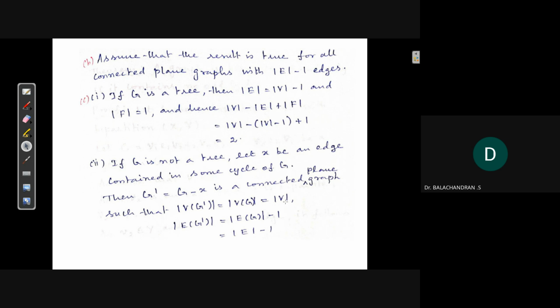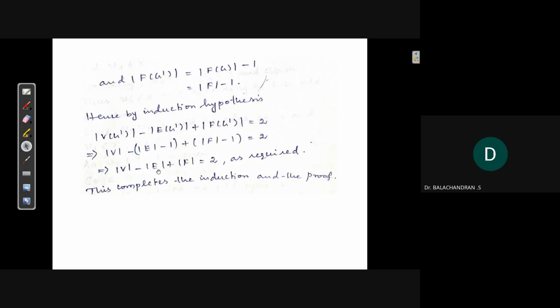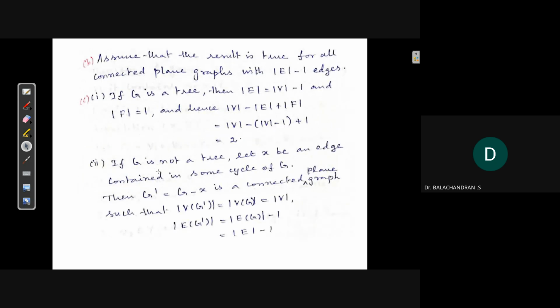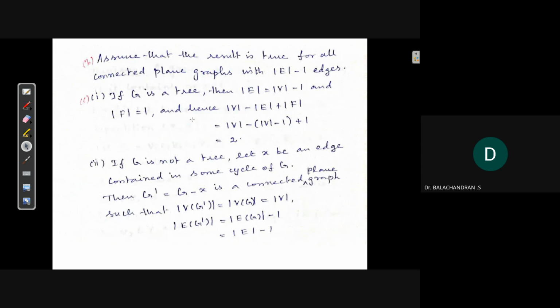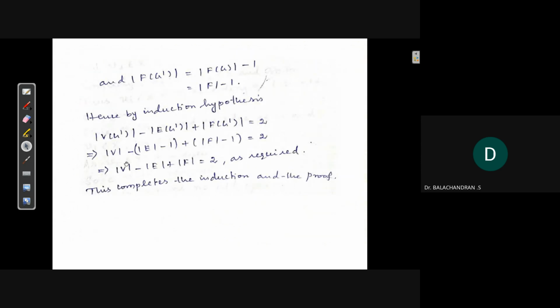Similarly, for G, the number of edges we are taking is just the cardinality of E. You can see the statement. So for G, we are just taking the cardinality of V, cardinality of E, cardinality of F. So this is equal to 2, and we proved Euler's formula for G.